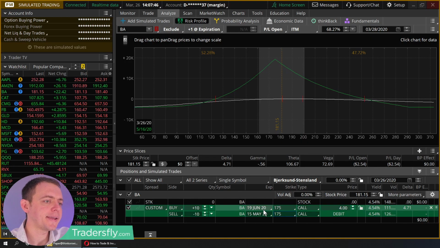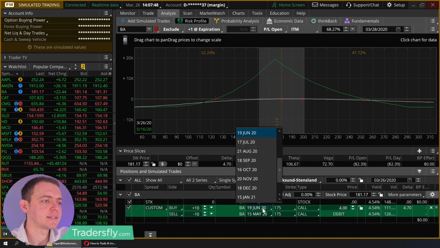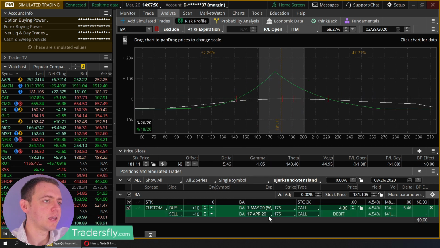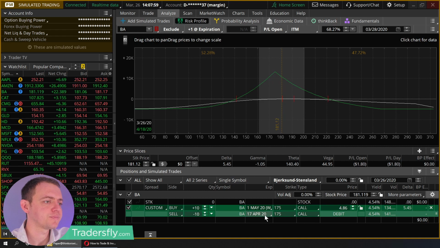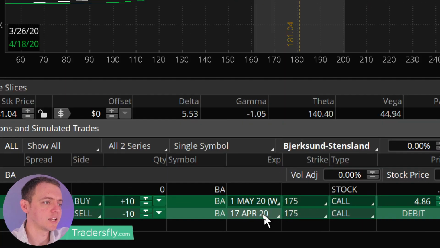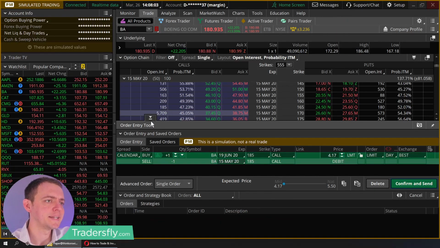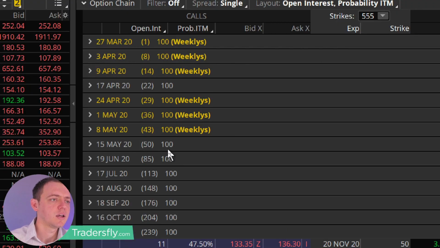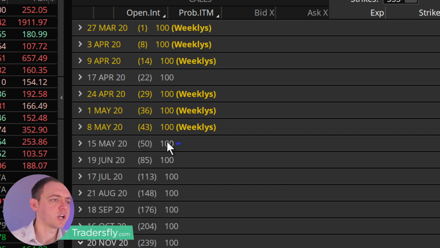But if I go ahead and, let's say, convert this to a shorter duration trade, let's say I buy protection in May and I go to April for the ones we're selling. Ultimately, what I'm doing here is I'm going from this 50 and 85 day trade, right?